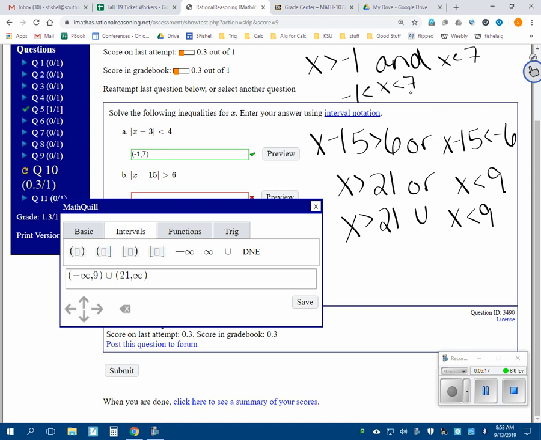But if you wanted to use one of these symbols, you would have to write x is greater than -1 intersection. It's an upside down U. Have you guys ever seen that? Okay. In our case, we're not going to use that. We're just going to write it this way.